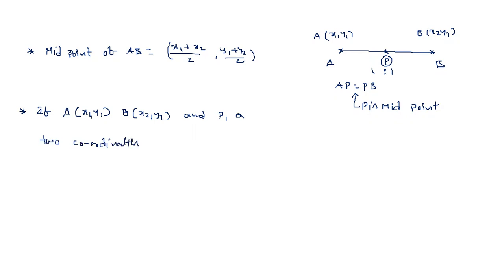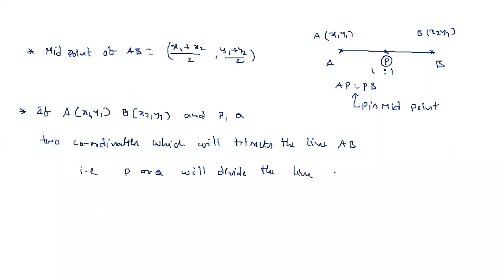Or I can say, find the trisection points of the line joining AB, where P and Q are two points which trisect the line AB. That means P or Q will divide the line in 2:1 ratio and 1:2 ratio. Then it is called a trisection point.